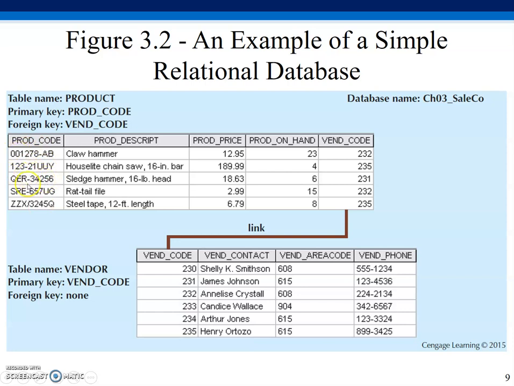You don't see any of them repeat. The same thing applies to the vendor table, where you have a vendor code, and the vendor code here is all unique. So that's the PK. So we have vendor code as PK in the vendor table, and we have product code as PK in the product table.